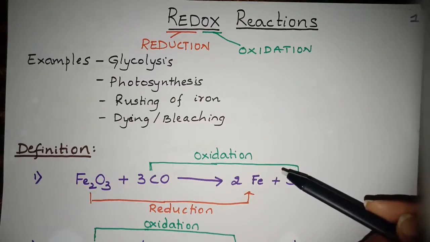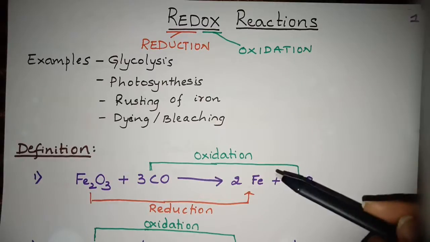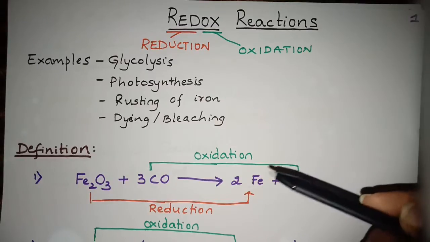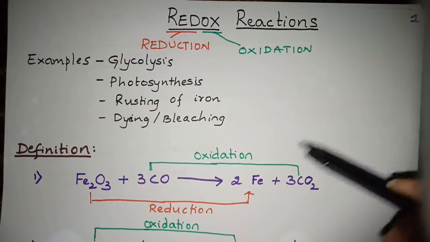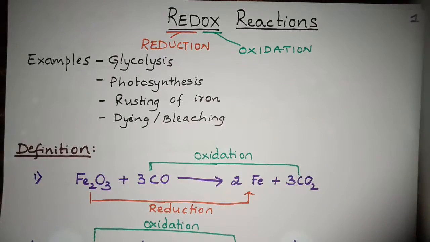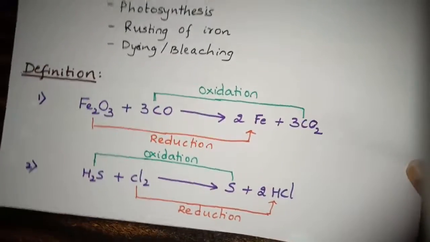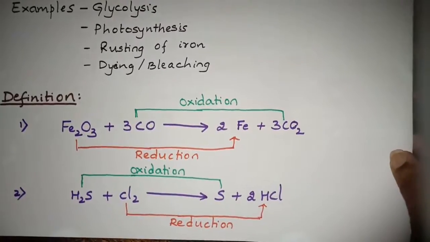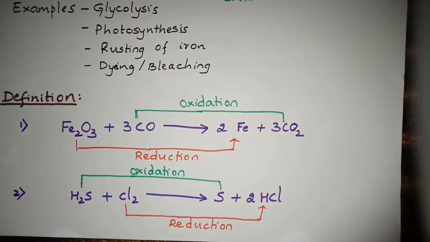Now in such a case, is it a redox reaction in the first place? And if it is redox, how to define in that condition? So let us take up one more example for our study. Now in this example, we have taken hydrogen sulfide, and we make it react with chlorine gas.